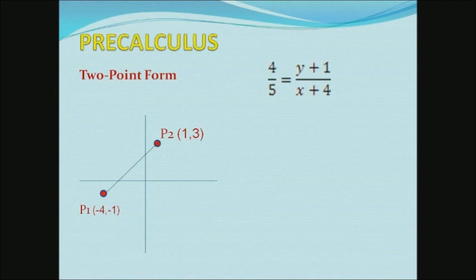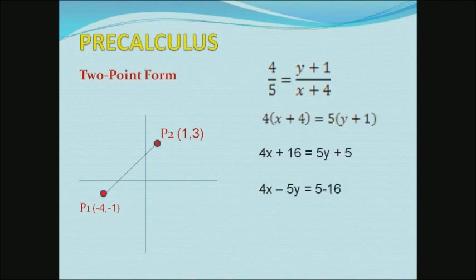And then, we will have now 4 times quantity x plus 4 equals 5 times quantity y plus 1. Simplifying that, we will distribute 4 to the quantity x plus 4. We have 4x plus 16. And on the right side of our equation, distribute 5. We have 5y plus 5.